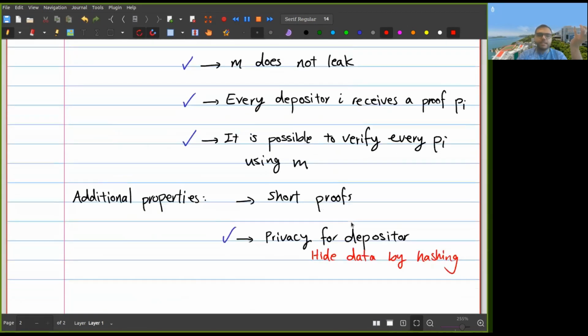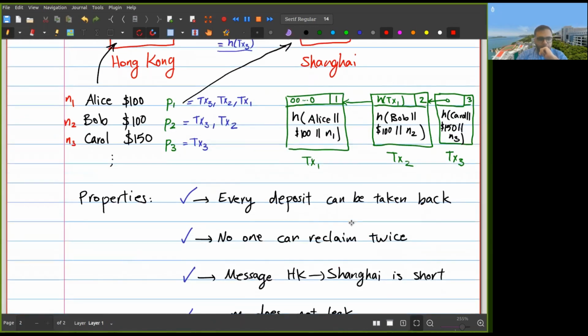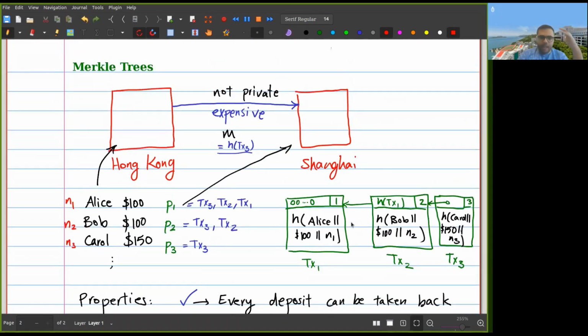So in that sense, we can say that our proofs are shorter, but I still have this problem that if I have 1 million deposits, or even, let's say, 10,000 deposits, then the first person, Alice here, has to receive all of these transactions. So she's going to have a huge proof. We don't want that. We want to make our proofs even smaller than this.